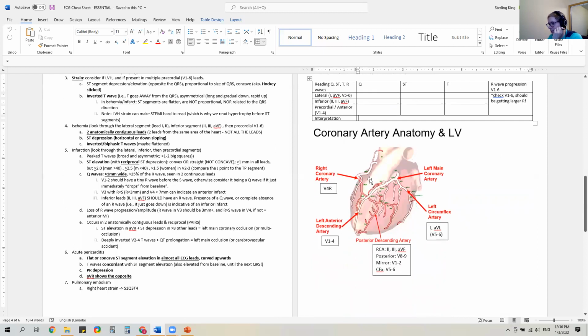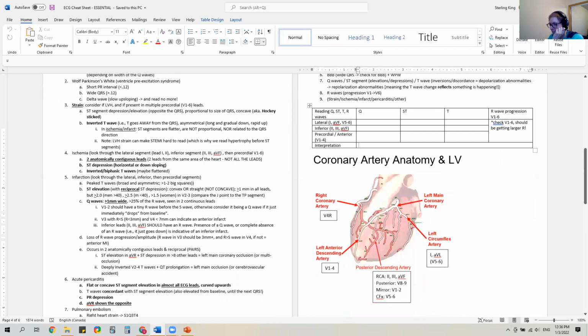Coronary artery anatomy: the right coronary artery, with V1 through V4 in the front. The posterior descending supplies II, III and aVF, but you can also look at V8 and V9 if it's posterior, and the mirror image of V1 and V2 can show that. V5 and V6 can sometimes show the circumflex if it's supplying the posterior descending artery. And then the left circumflex artery shows in I, aVL and V5 and V6.